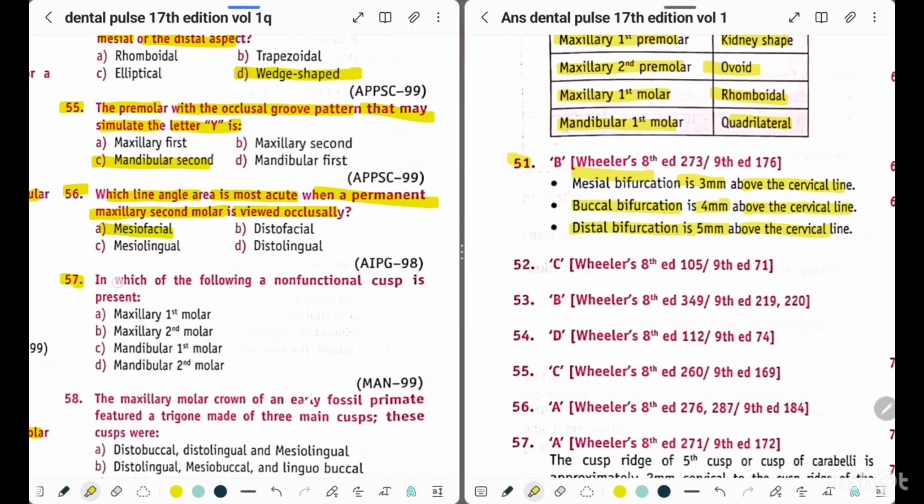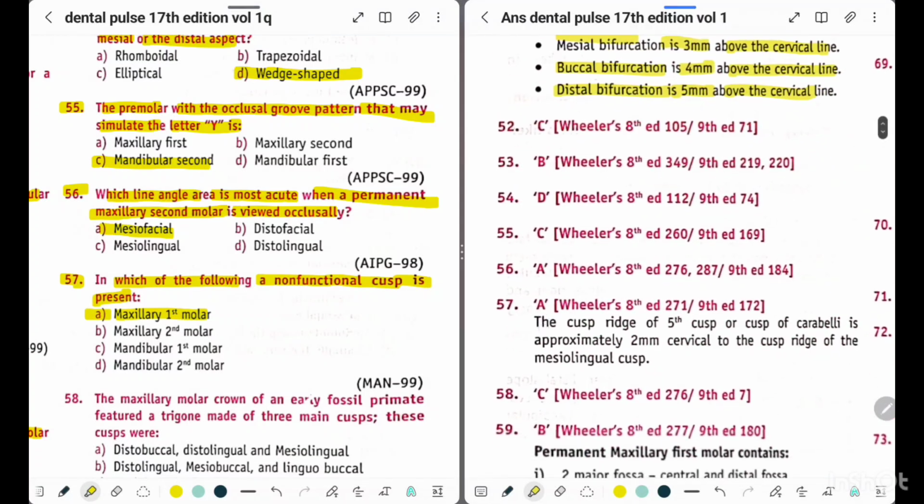Question 57. In which of the following a non-functional cusp is present? So its answer is A, maxillary first molar. The cusp ridge of the fifth cusp, or cusp of Carabelli, is approximately 2 mm cervical to the cusp ridge of the mesiolingual cusp.